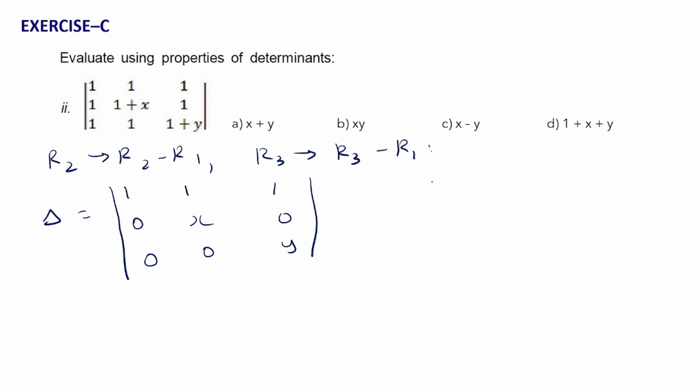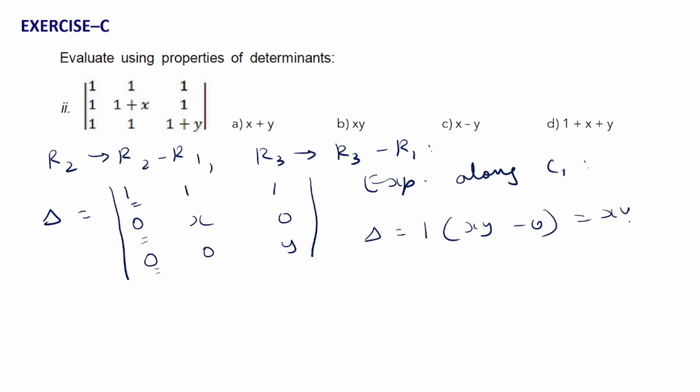Now expanding along C1, we can expand along the first column, since there is only one nonzero element here, the other elements are 0. So this is equal to 1 into (xy minus 0), or this is equal to xy. So the value of the given determinant is xy. So the correct option is option B.